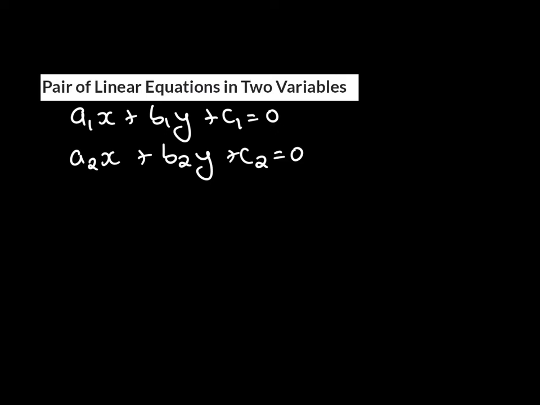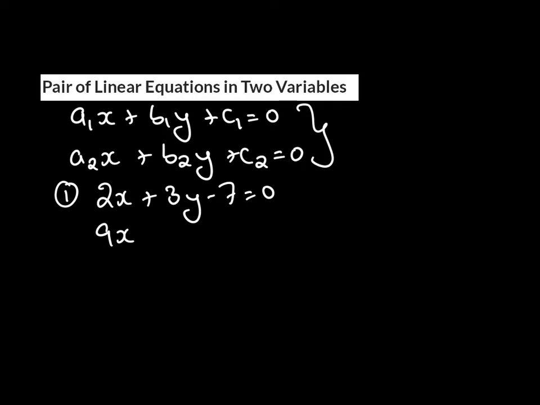So when the variables in both the equations are representing the same information, they become a pair of linear equations. We can have examples over here. For example, 2x plus 3y minus 7 equal to 0, 9x minus 2y plus 8 equal to 0.